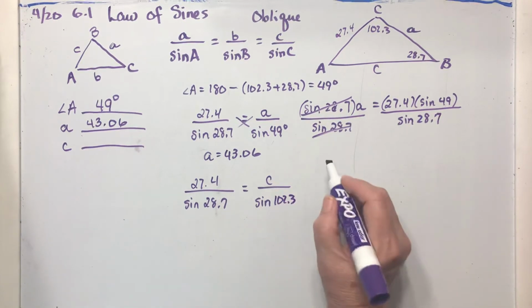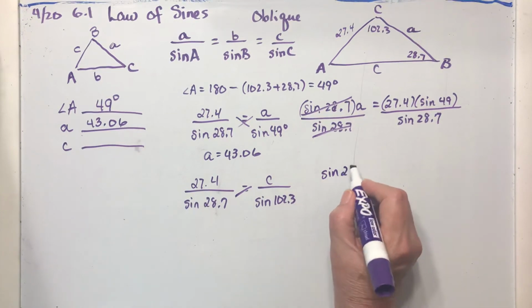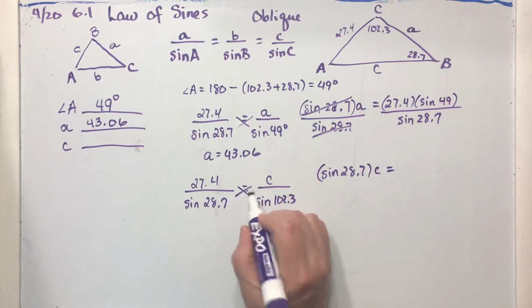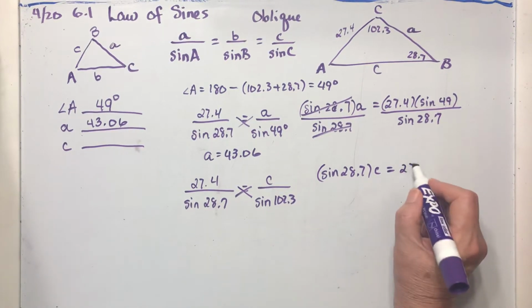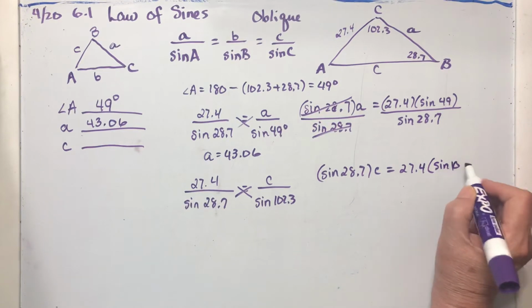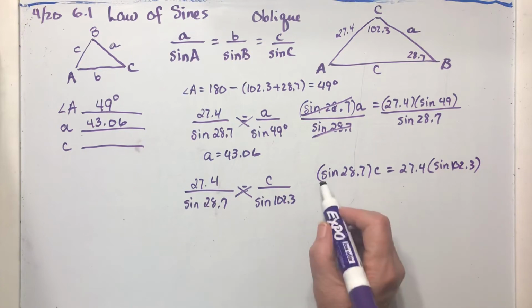Cross multiply. So when I cross multiply this way, I have the sine of 28.7 times C. Cross multiply this way, I have 27.4 times the sine of 102.3. Solve it for C before I put it in my calculator.